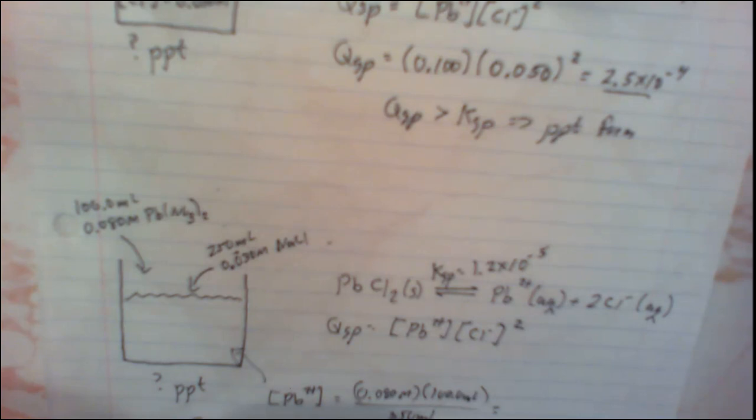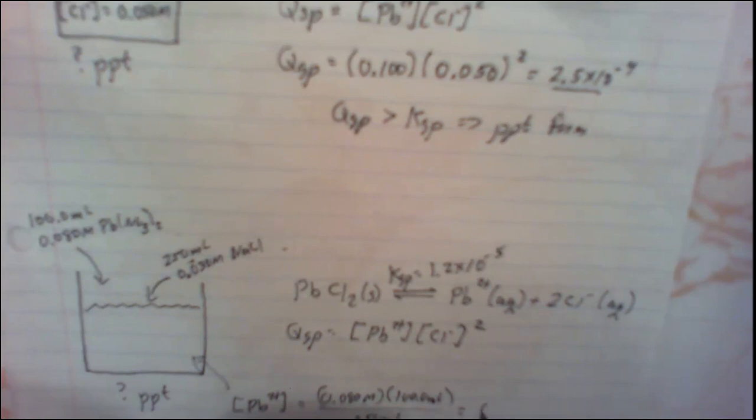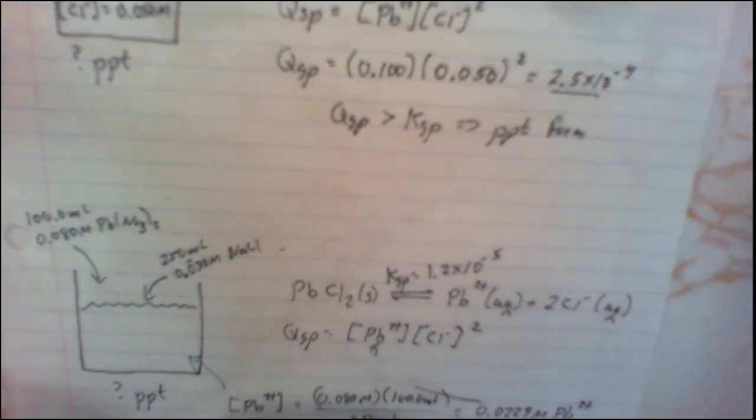Our new concentration of lead, the actual concentration of lead in our solution after the mixing has occurred, is going to be 0.0229. So that's the number we'll plug in to our lead concentration.